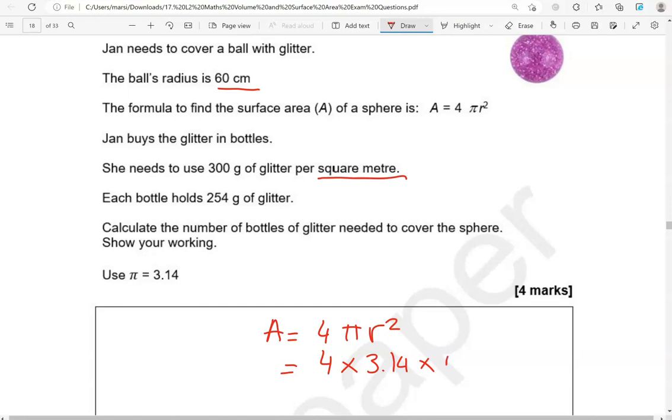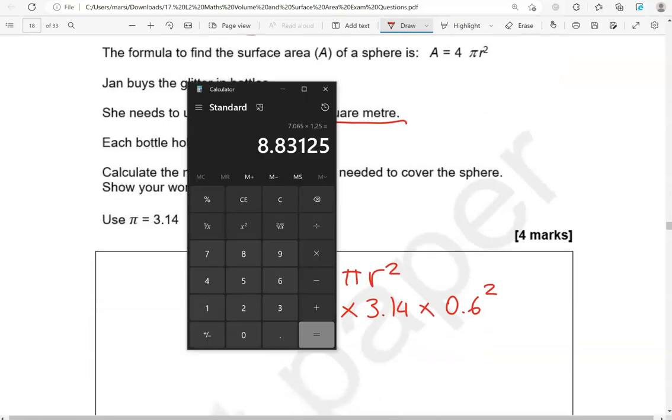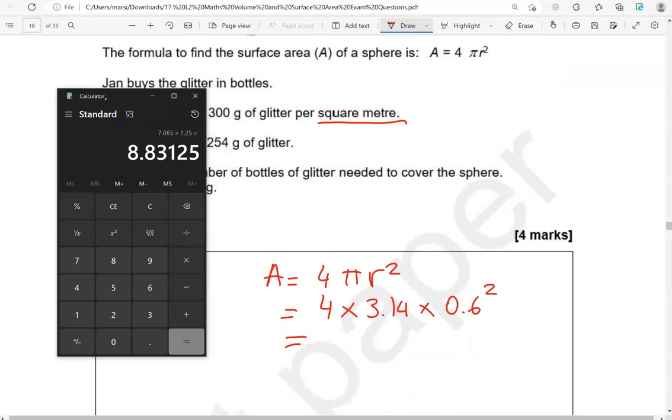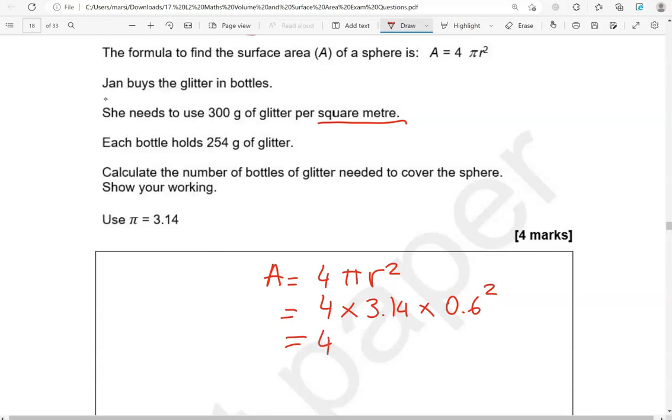So this is 0.6 meters. So we're going to square that. So 4 times 3.14 times 0.6 times 0.6 gives us 4.5216 square meters, which is the surface area of the sphere.